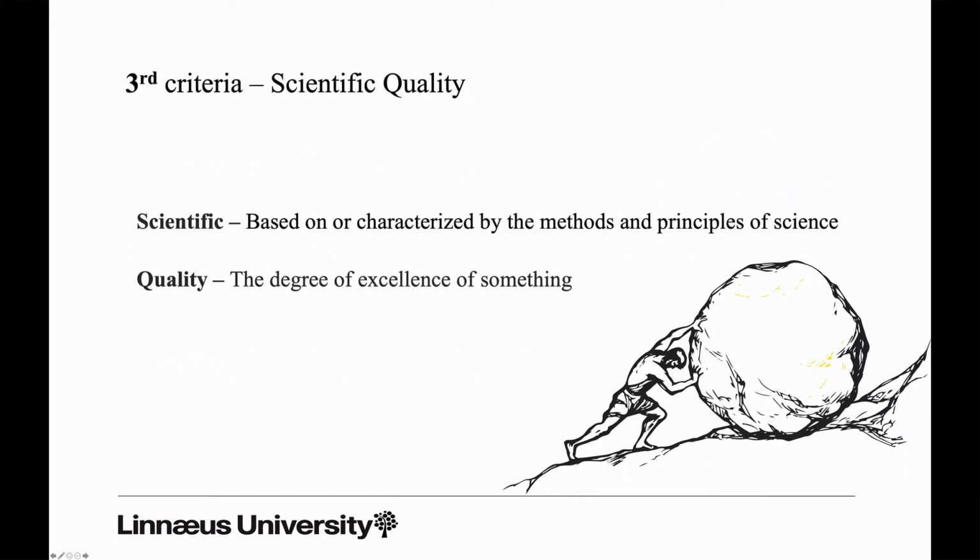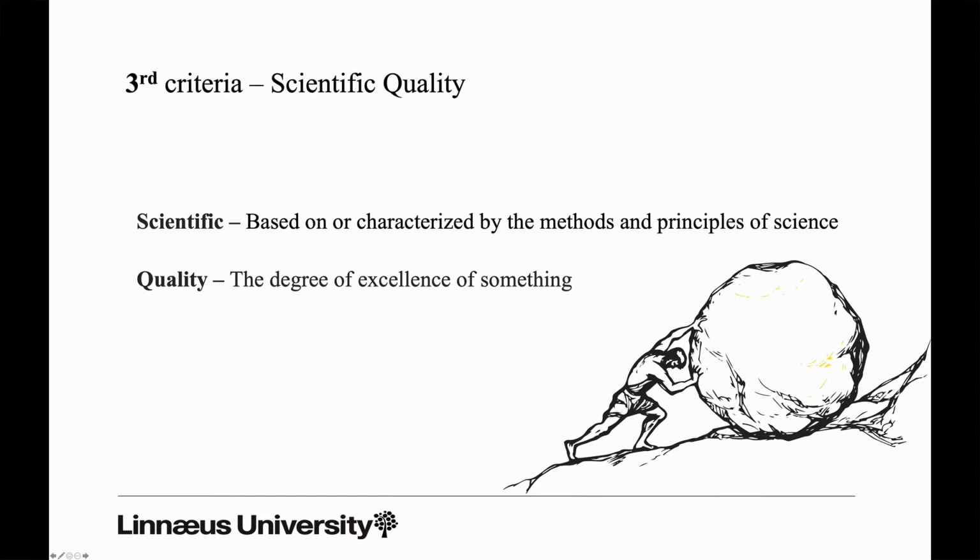So scientific quality, if you look it up in a dictionary or some other source, you will find that scientific means that something is based on or characterized by the methods and principles of science. Okay, so methods and principles.